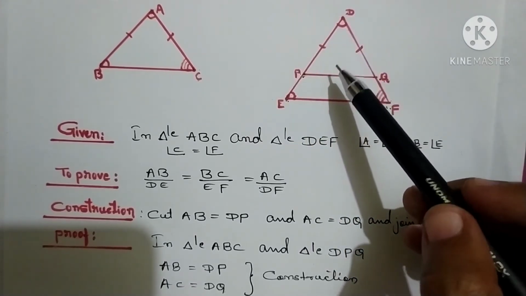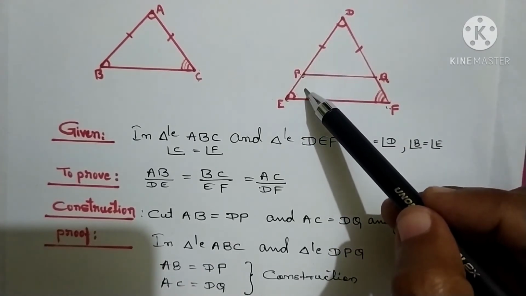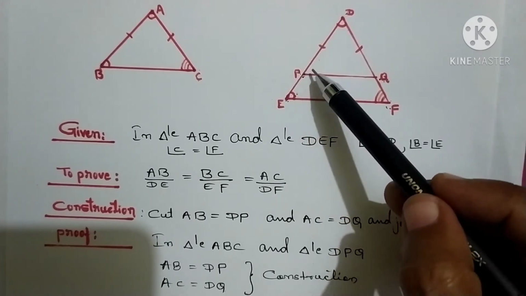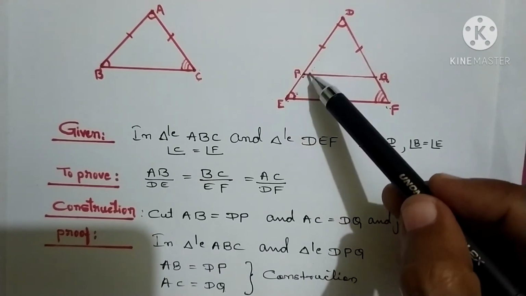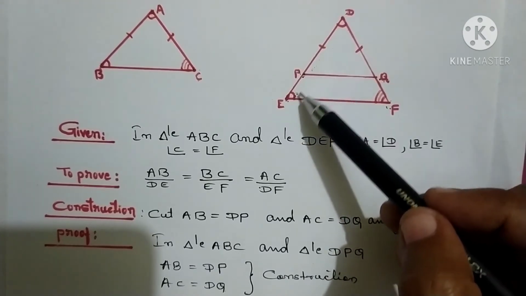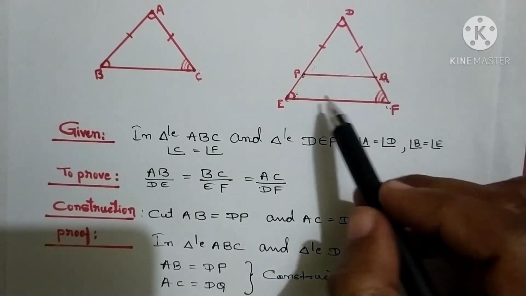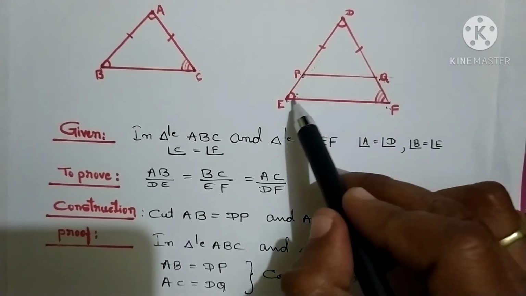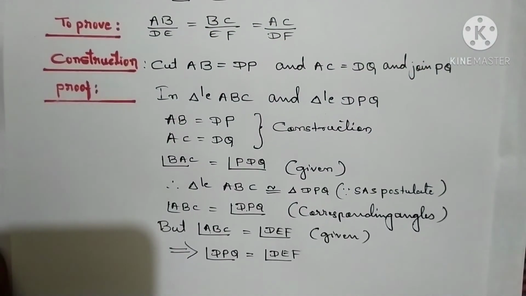Now here we proved these two angles are equal. Which type of angles are these two? Corresponding angles. When these two corresponding angles are equal, that means PQ is parallel to EF. So what should we write here?